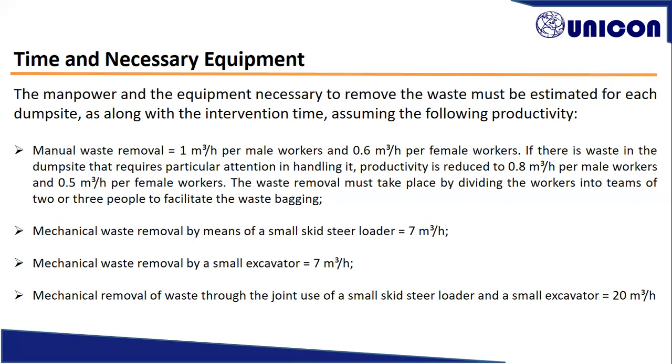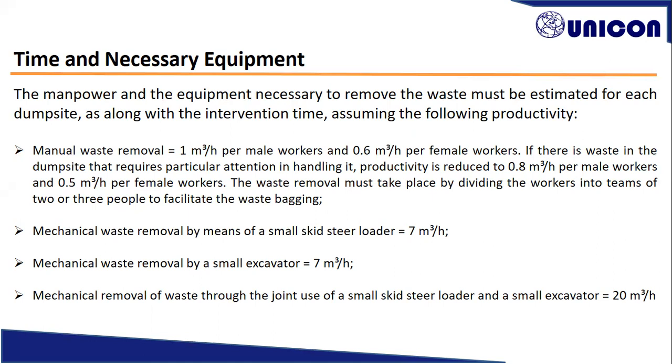In the case of a medium dump site, it is suggested to conceive mechanical waste removal by means of a small skid steer loader with a removal rate of 7 cubic meter per hour. But also a small excavator can be conceived, having a removal rate of 7 cubic meter per hour.